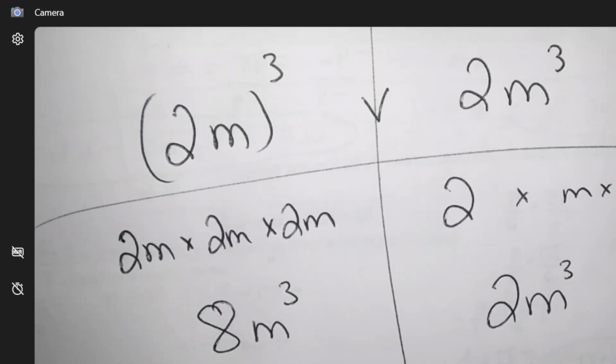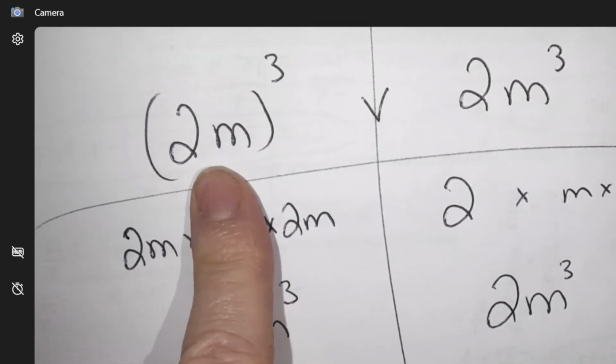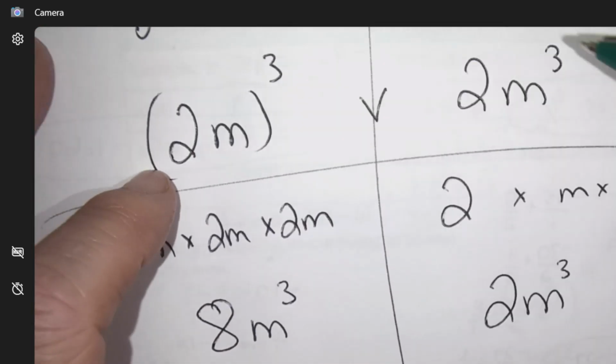So, let's say there's brackets. Since there's brackets, stare at this. Is it making sense? But here, 2m to the 3rd. So here, I would say my base is 2m. That's just a different thing.